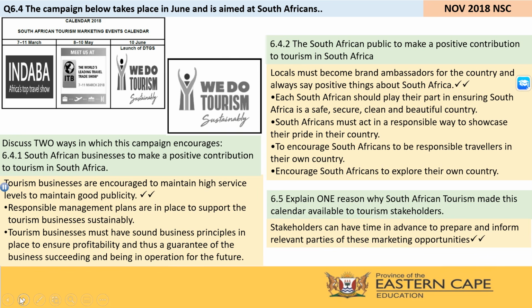Stakeholders can have time in advance to prepare and inform relevant parties of these marketing opportunities, and that is why one would provide stakeholders with a calendar beforehand, in order for them to prepare in advance and inform relevant parties about the marketing opportunities.